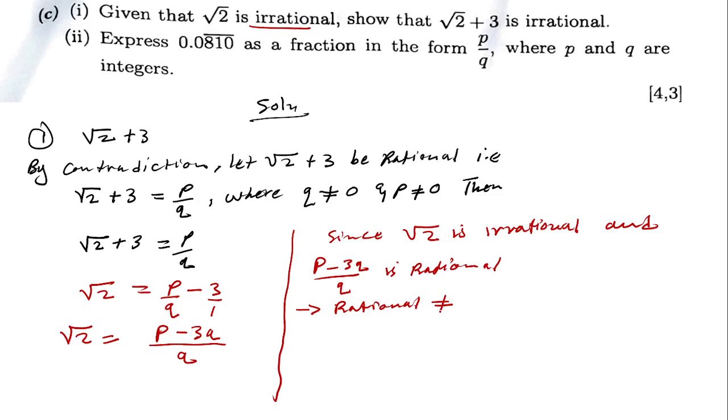So this contradicts our assumption. You're going to say this contradicts our assumption that square root 2 plus 3 is rational.